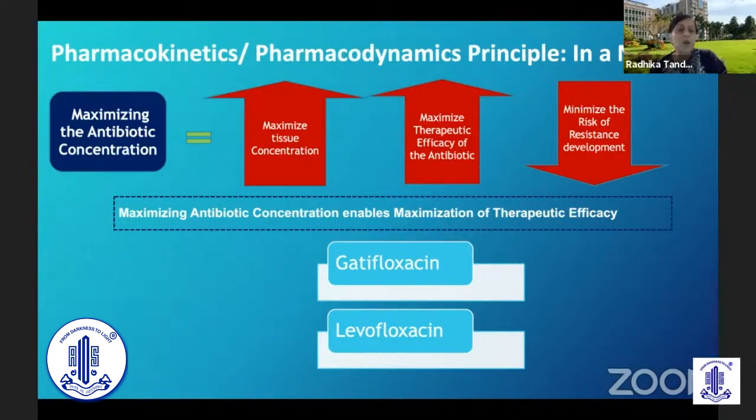So when you come to this concept of maximizing antibiotic concentration, apart from the fortified antibiotics, a concept which has been there for decades, where you do not use the normal concentration but fortified antibiotics, the two commercially available agents where this strategy has been used are gatifloxacin and levofloxacin.